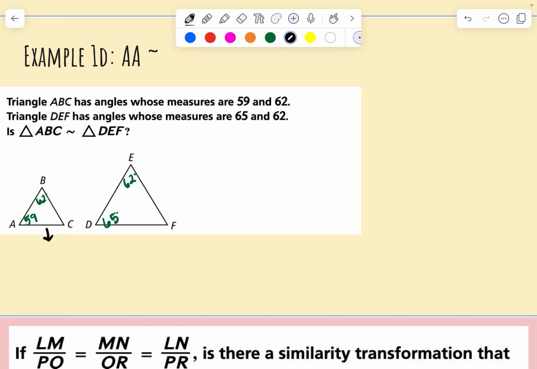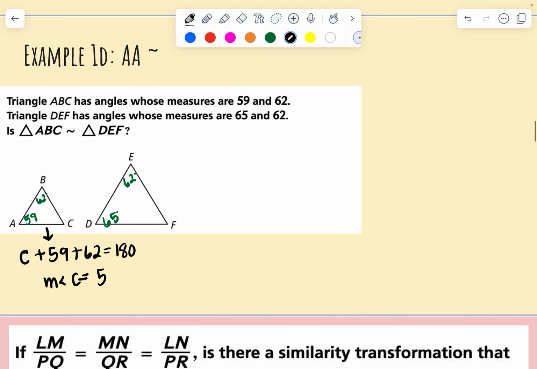So here, I know that angle C plus 59 plus 62 has to be equal to 180, which means that the measure of angle C is 59 degrees. And then we need to find the measure of angle F in our second triangle.